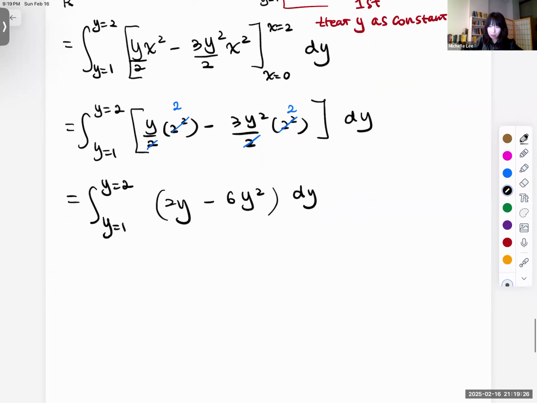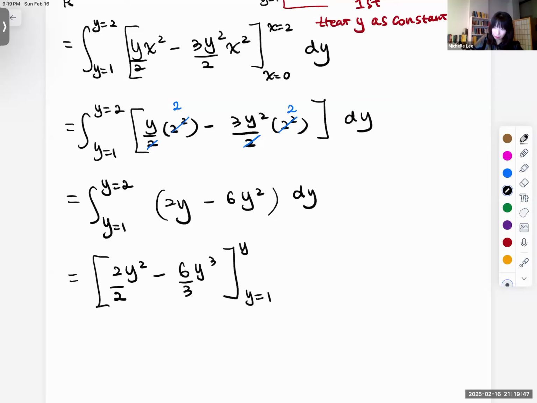All right, now we want to integrate with respect to y. So we have 2y squared over 2 minus 6y to the third power over 3. And then we want to evaluate from y equal to 1 to y equal to 2.